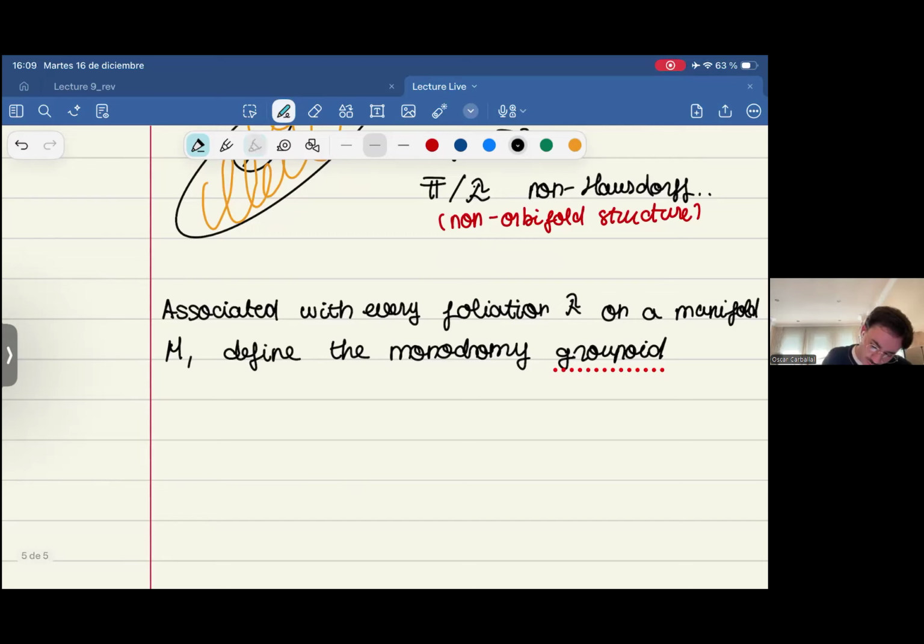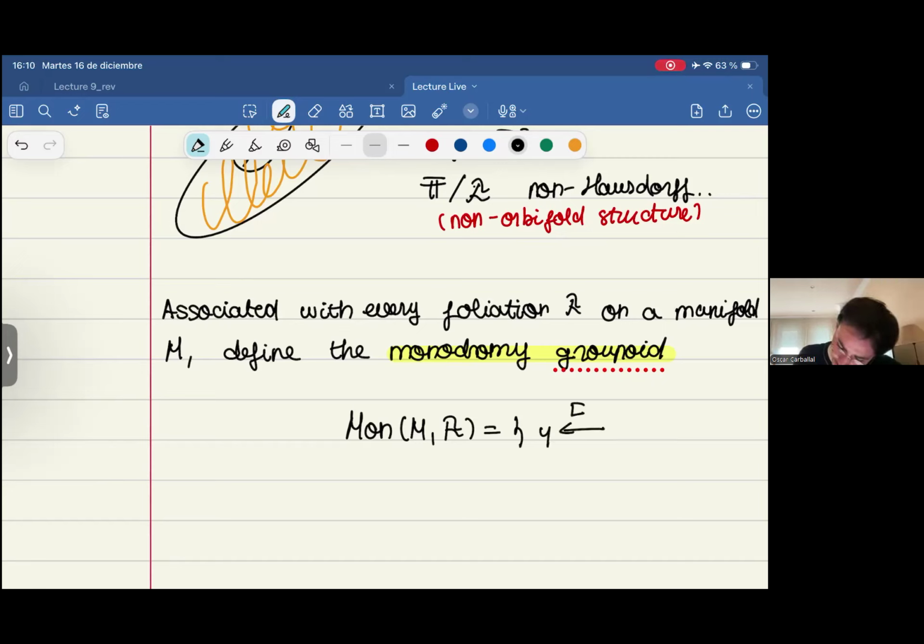Well, so the associated monodromy groupoid is the following Lie groupoid. It is denoted in this way, right? And the set of arrows precisely consists of homotopy classes joining two points y and x, which are on the same leaf of the foliation. And if two points are in different leaves, the set of arrows joining them is the empty set, right?